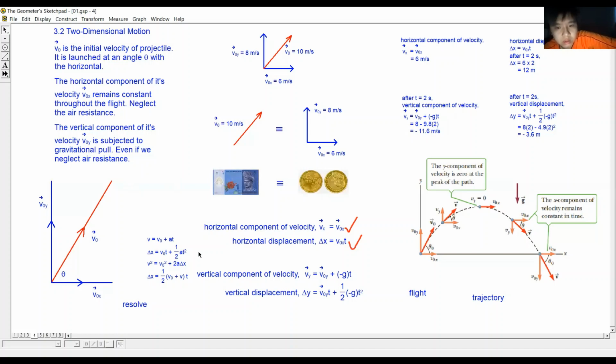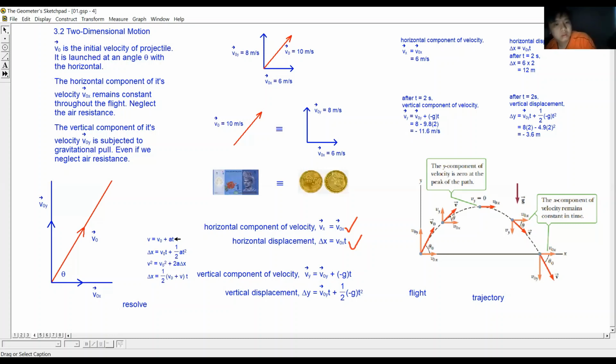We are now applying the vertical component of the velocity into this equation. This equation says the final velocity is the initial velocity plus acceleration multiplied by time.